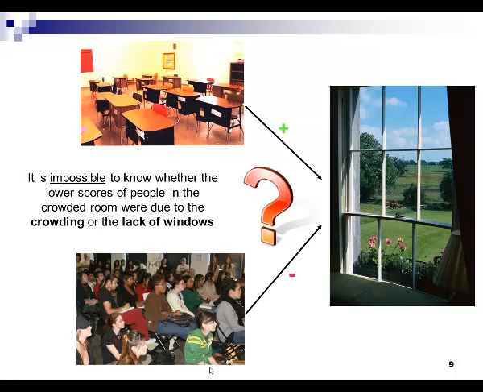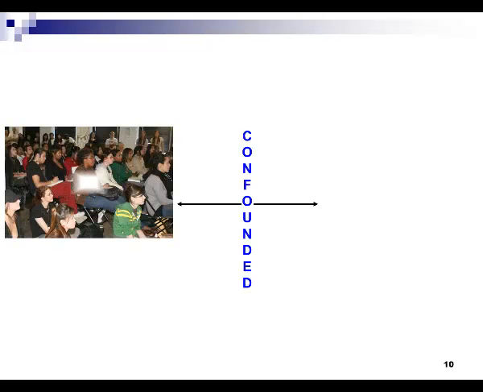And so again, remember, in experimental research, we try to control all extraneous variables. So we would want to make sure that the rooms either all had windows or all didn't have windows, so we could say that the lower scores were not due to another variable.